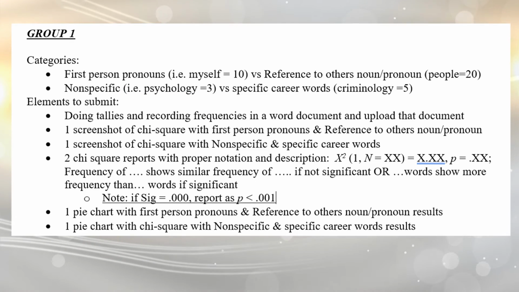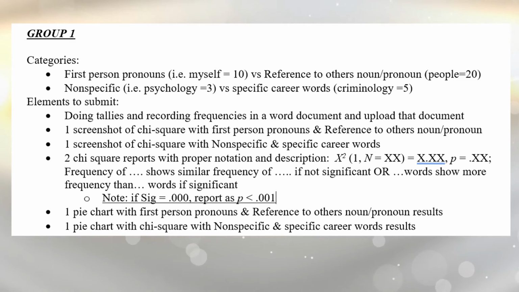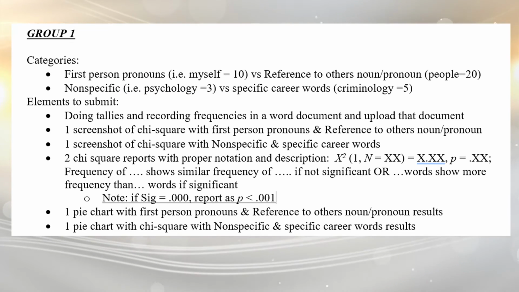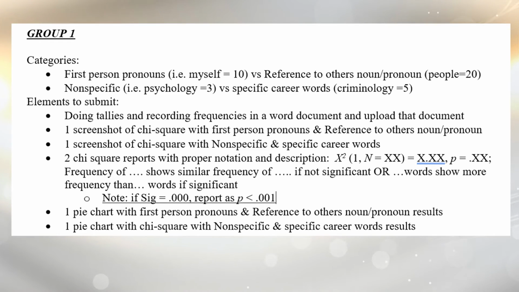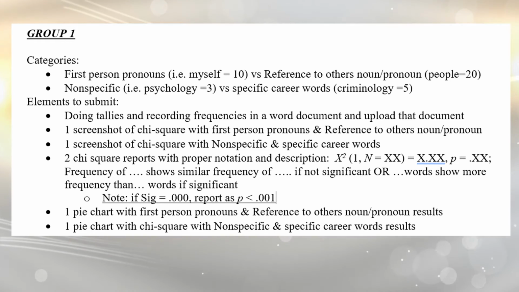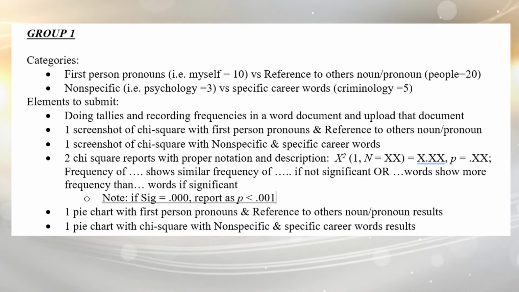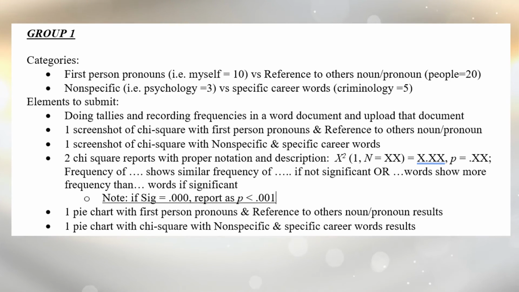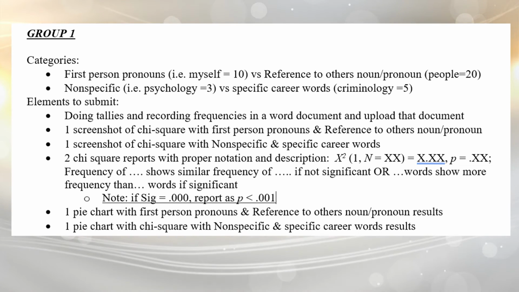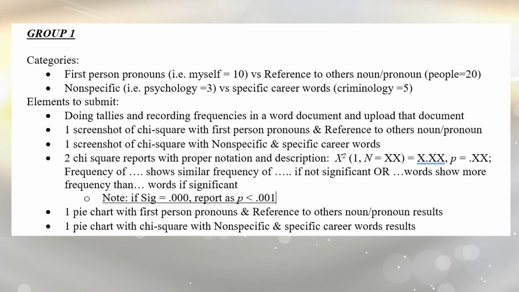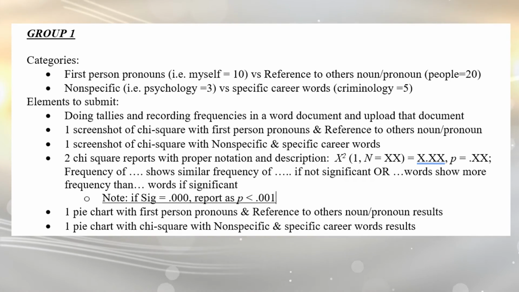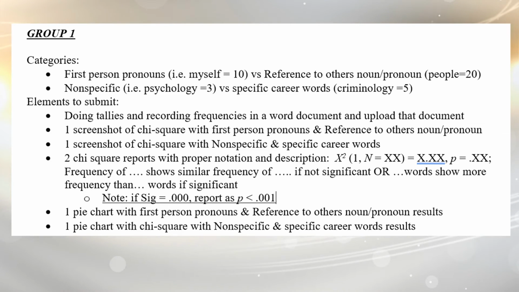This is why we need 2 pie charts. We're going to have one pie chart for this category and then the second pie chart for this category. So you'll want to do tallies in accordance to these categories. You'll want to record how many first person pronouns do you see versus those other kinds of nouns and pronouns, and then tally up the non-specific versus specific career words.